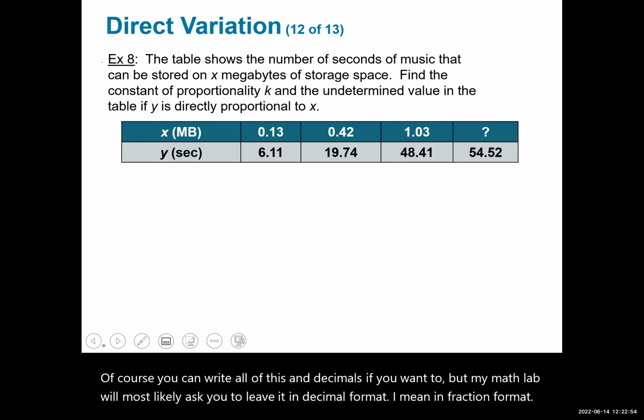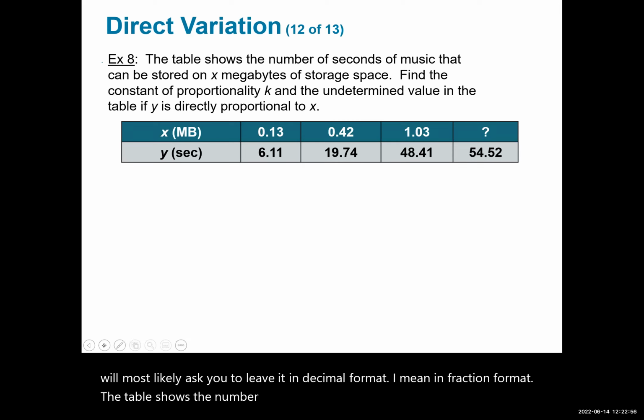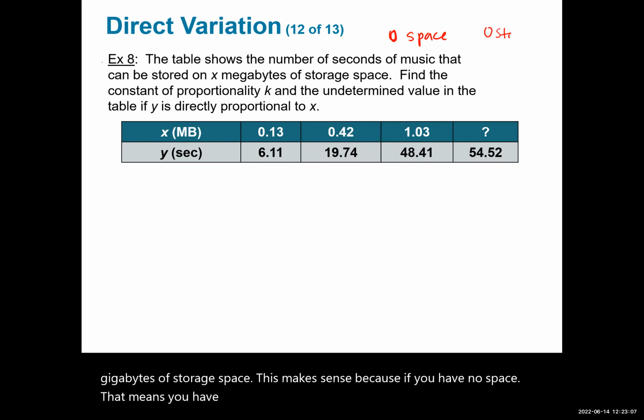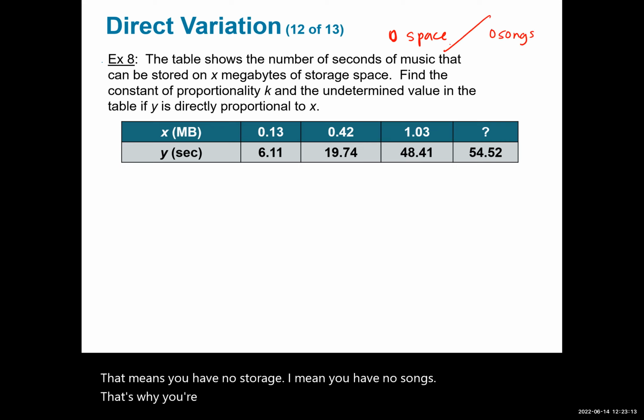The table shows a number of seconds of music that can be stored on x gigabytes of storage space. This makes sense because if you have no space, that means you have no storage. You have no songs. That's why your y-intercept is 0.